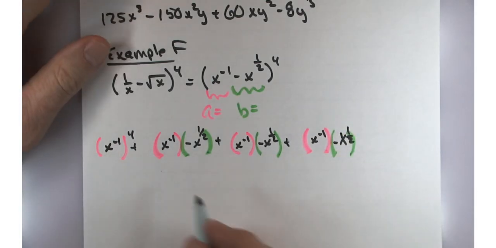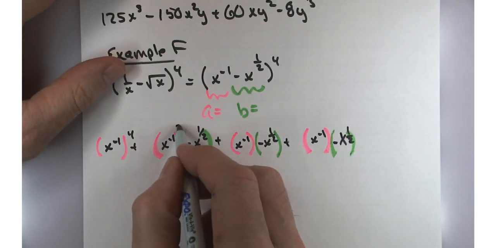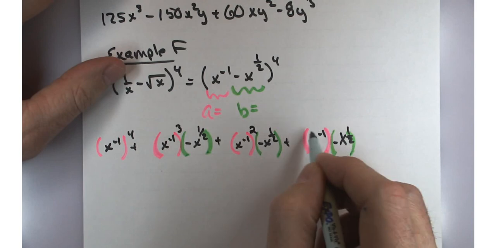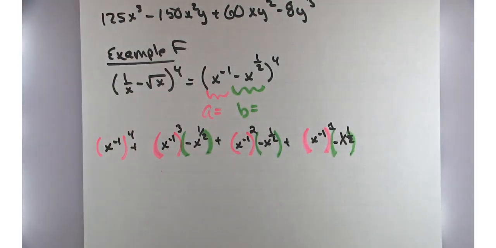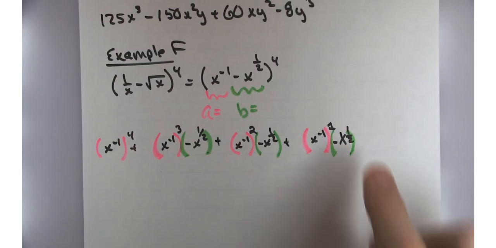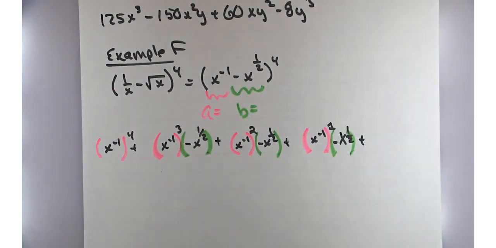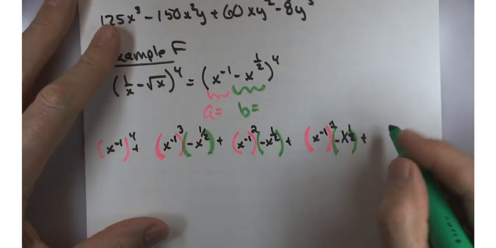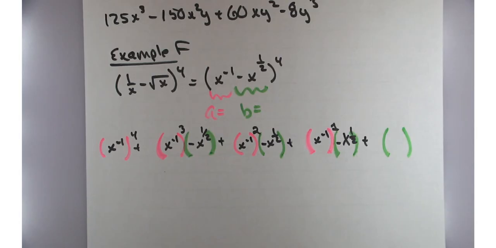And now some exponents. These exponents decrease: 3, 2, 1, and then 0, which I'm not going to bother to write. But what should I put here for this last term? Just this one, minus x to the 1/2.